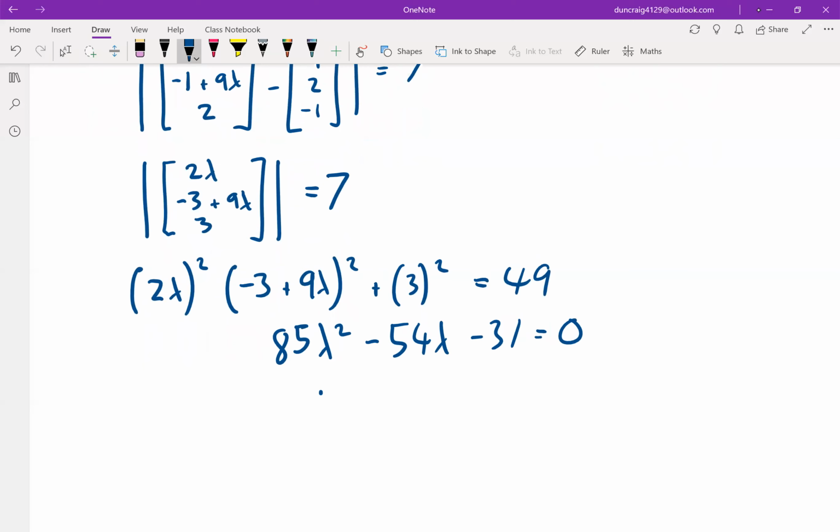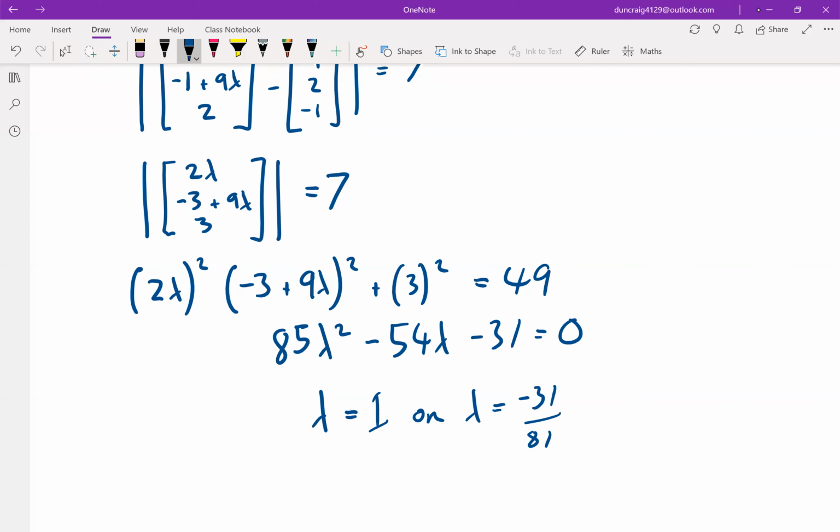Then you'll get two solutions: lambda is equal to 1, or lambda is equal to -31 over 85. Then we substitute those values into the line equation, and that helps us determine the position points.